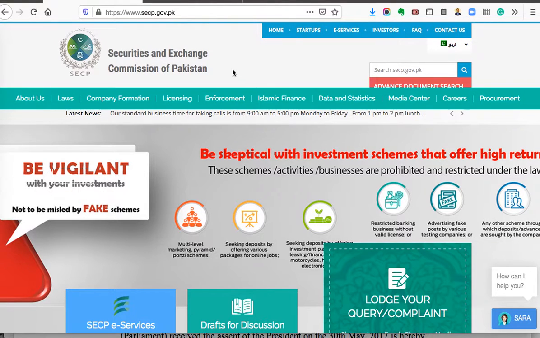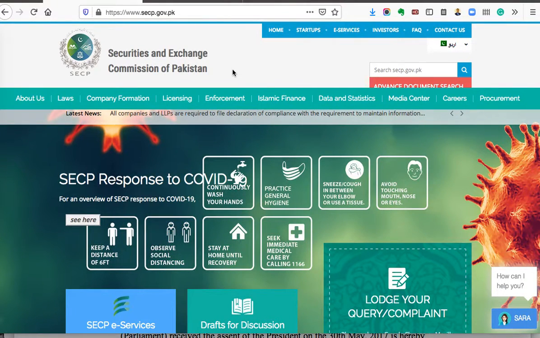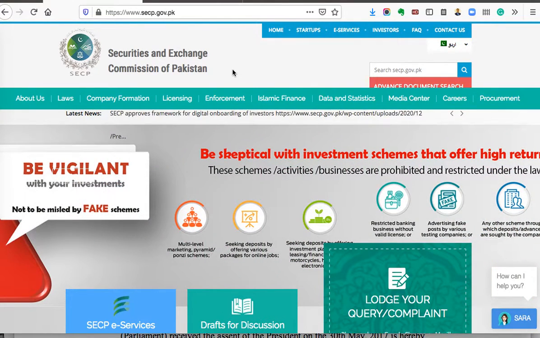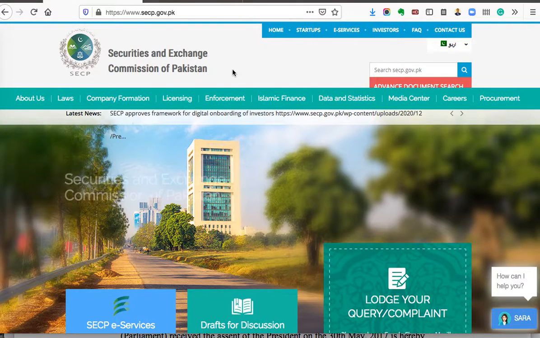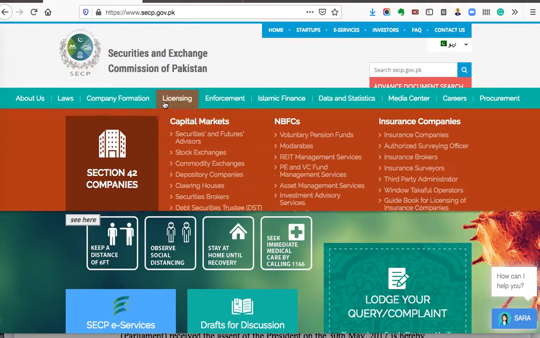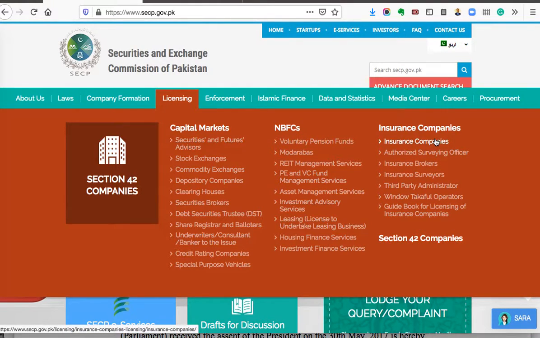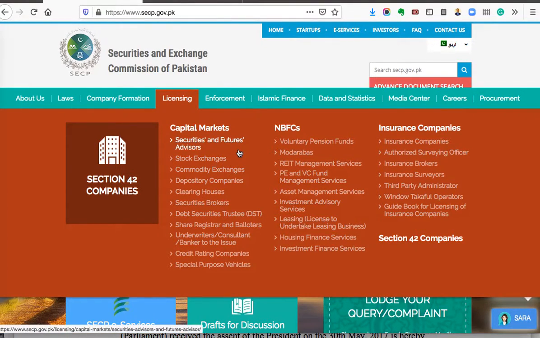First of all, if you want to start a simple trading business, an import export business in Pakistan, and you want to form a company, you have to do it through the Securities and Exchange Commission of Pakistan. And even if you want to start a company like a non-banking financial institution, or an insurance company, or a clearing house, or any of these specialized companies, you first have to register it with the SECP.